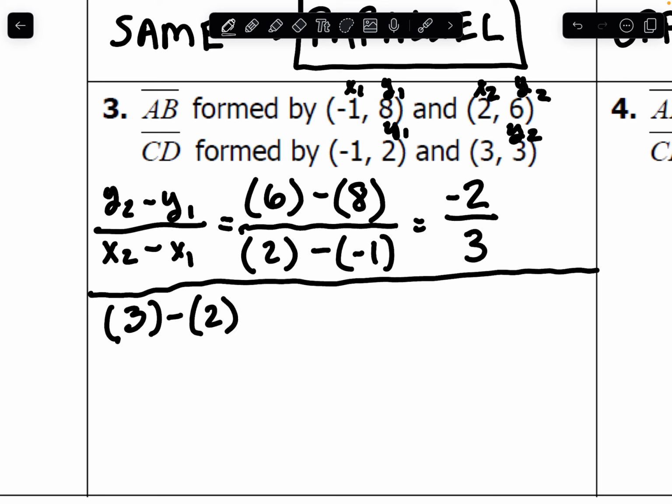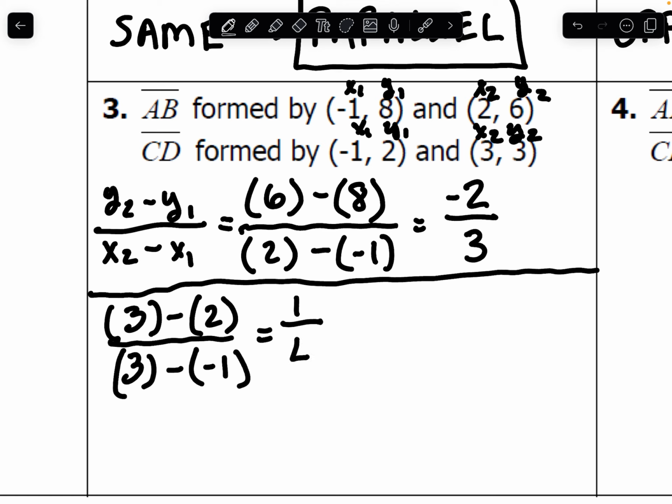Y1 is 2. X2 is 3 minus, x1 is negative 1. So we have 3 minus 2, that's 1. And we have that being 1/4.